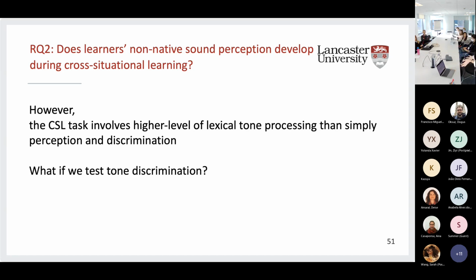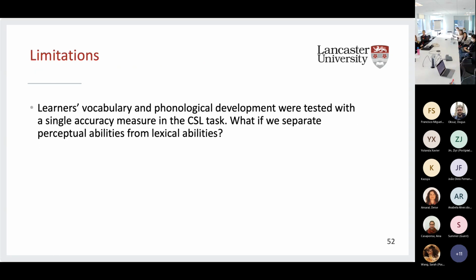So what if we test discrimination before and after? This is what we considered a limitation of our study. Learners' vocabulary and phonological development were tested using one single measure, the accuracy in the CSL task.